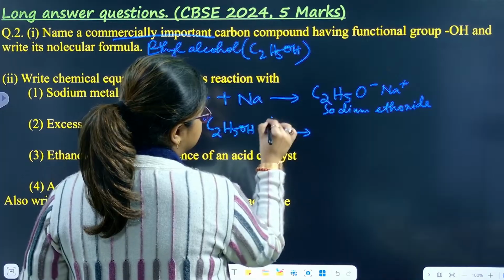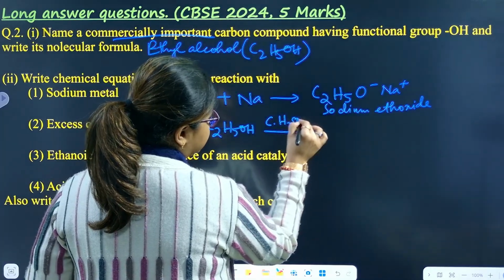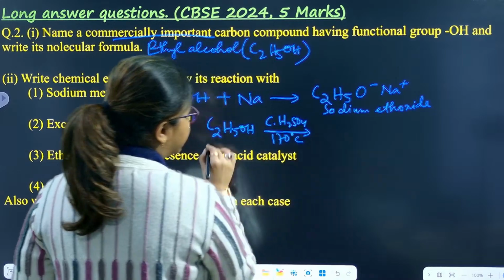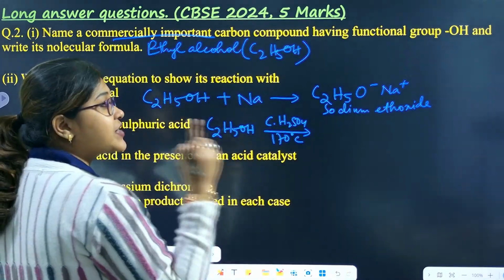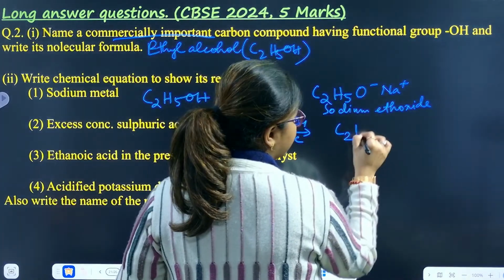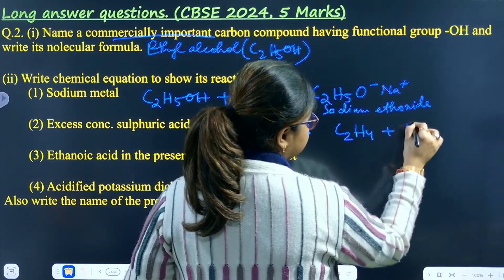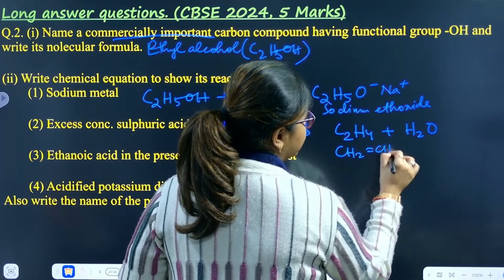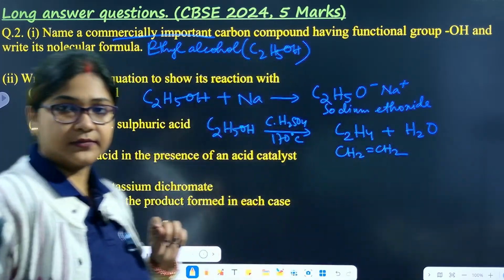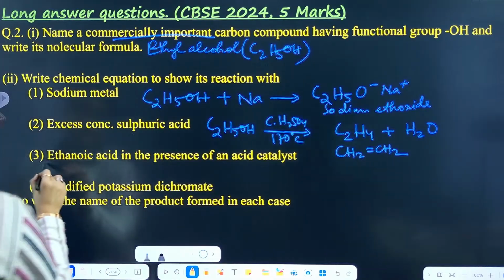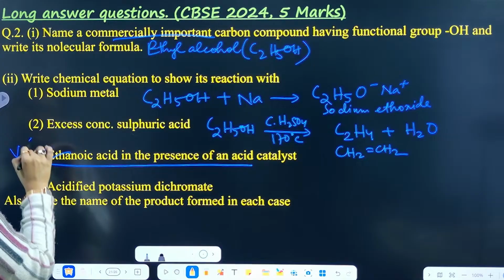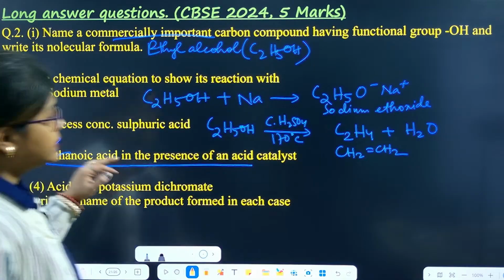Excess concentrated sulfuric acid: C2H5OH, in the presence of excess concentrated sulfuric acid at 170 degrees centigrade, undergoes dehydration reaction to give me alkene. So this is alkene, right? Next is ethanoic acid in presence of acid catalyst, very important in CBSE.